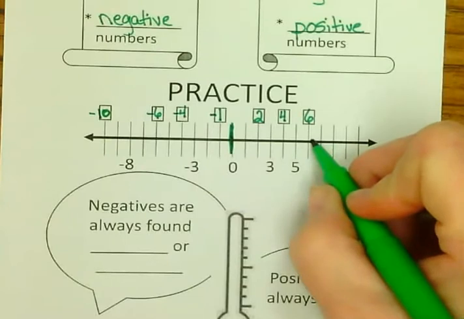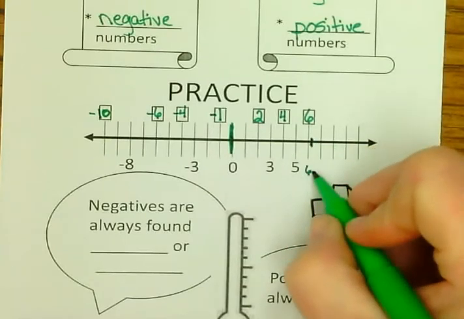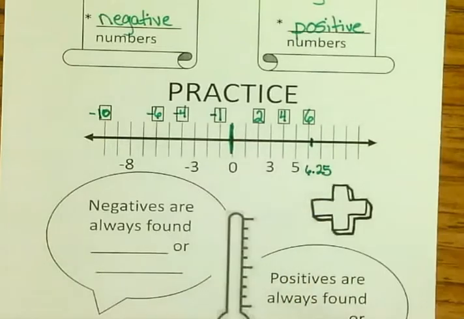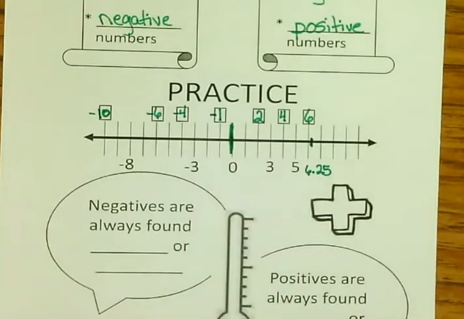So not halfway, but about 1/4 of the way. I would put that, and there would be my 6 and 25 100ths. All right? It's positive. I went to the right side. I went to 6 and then a little bit more.